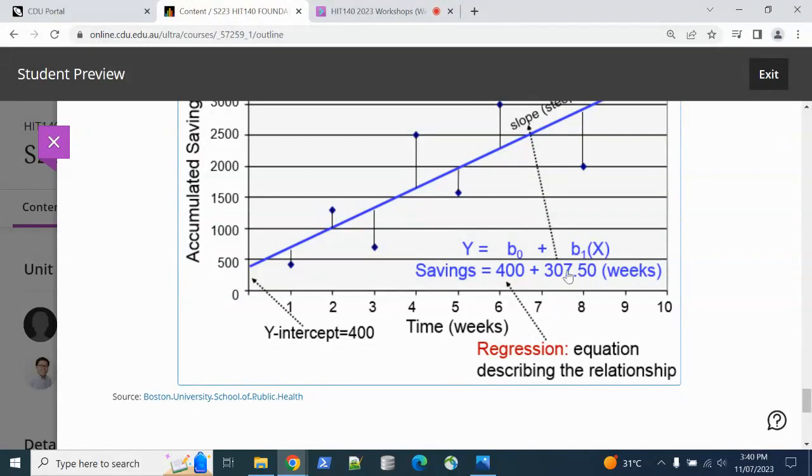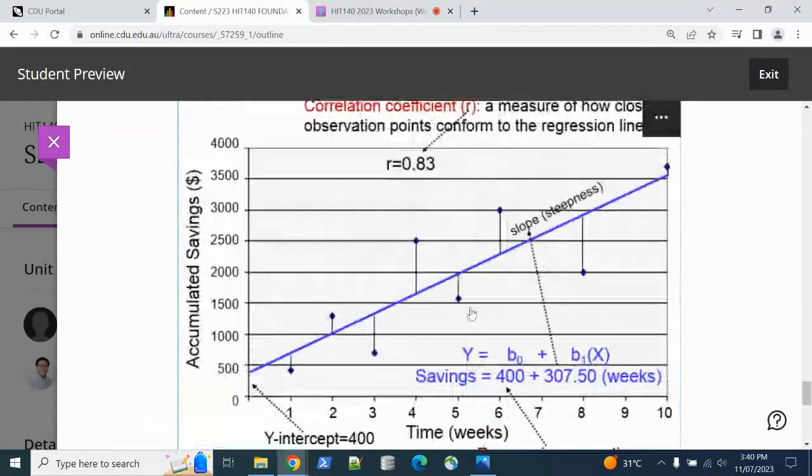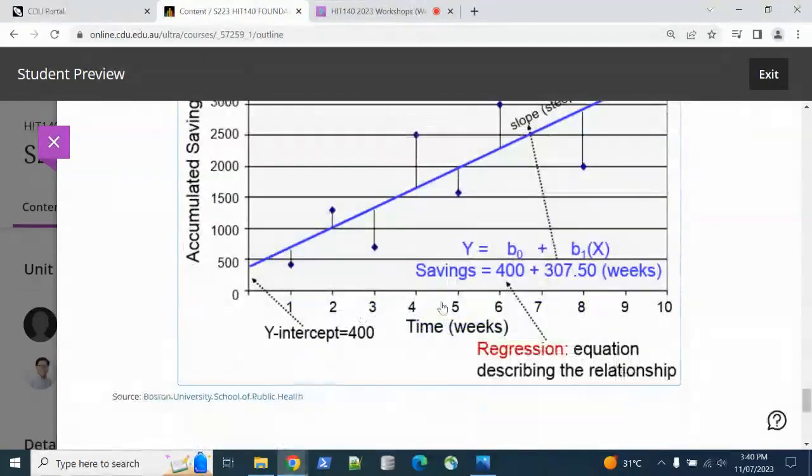Okay, another question. Sometimes this can be a plus sign. Sometimes it can be a negative sign. Plus sign means it is a positive relationship between these two variables, meaning as the time increases, then the accumulated savings will also increase. Or the time decreases, then accumulated savings will also decrease.